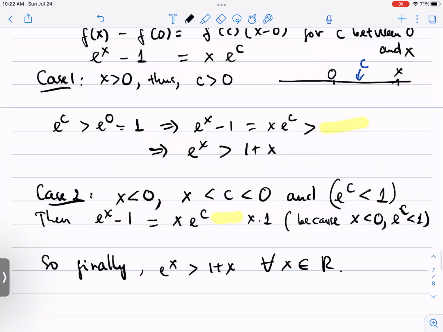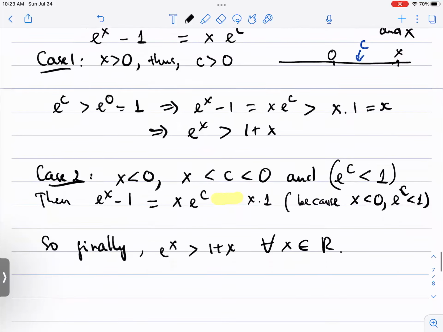So we have the inequality e to the x minus 1 equals x times e to the c, which is greater than x times 1, which equals x. So we deduce that e to the x is greater than 1 plus x, and that's what we want to prove.